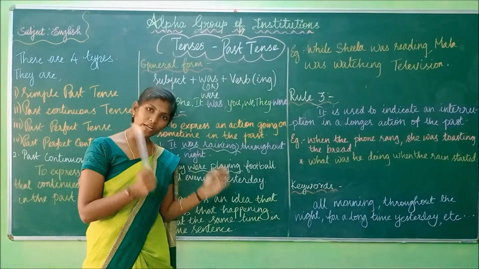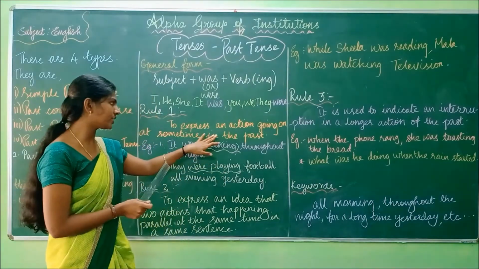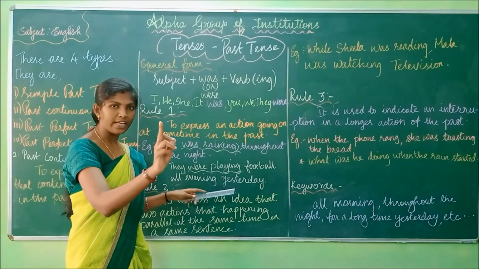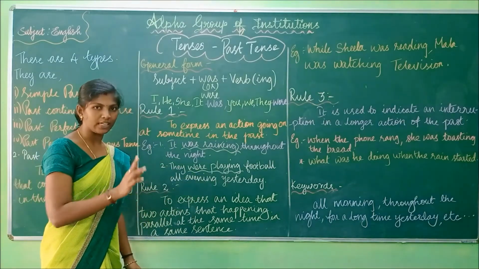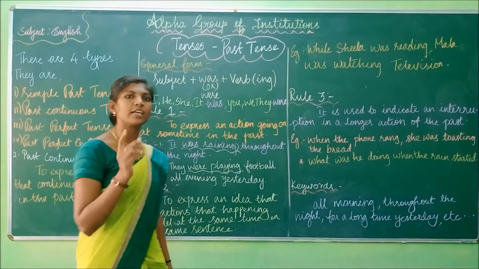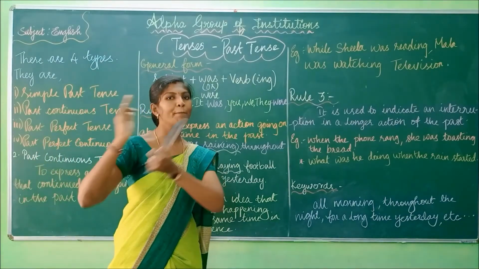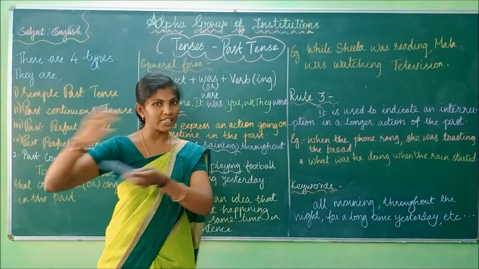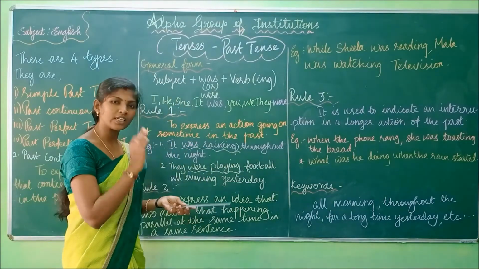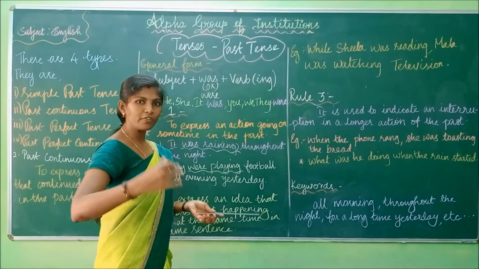So here you can see it was raining, only one action is happening. Here they were playing, only one action. So when in a sentence there are two actions happening at a parallel time, simultaneously one action, simultaneously the other action. One action repeatedly continued with the other action.